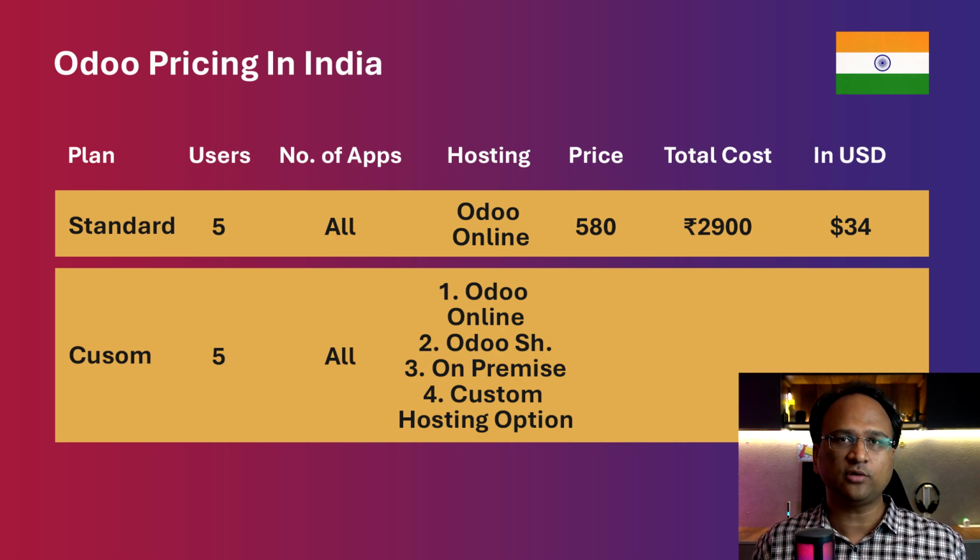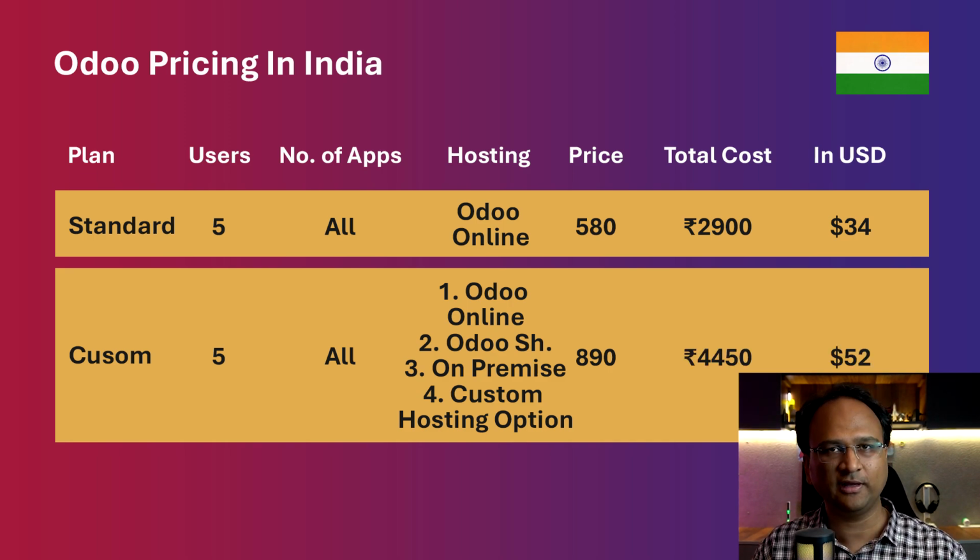For explanation on these topics, we will have a different video available. The link for that video is available in the I button, which might be coming around here on the top, and the link is also available in the description below. For this setup, you will end up paying roughly around 890 rupees multiplied by the number of users, 5. So this will cost you around 4450 as of the date of shooting this video.